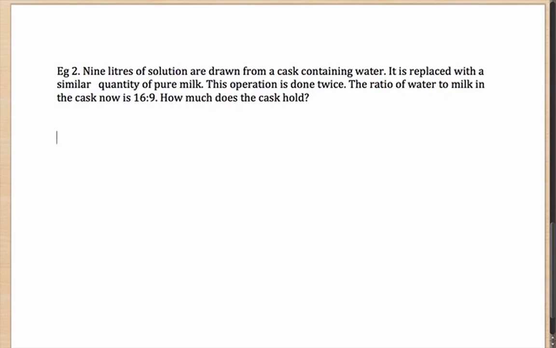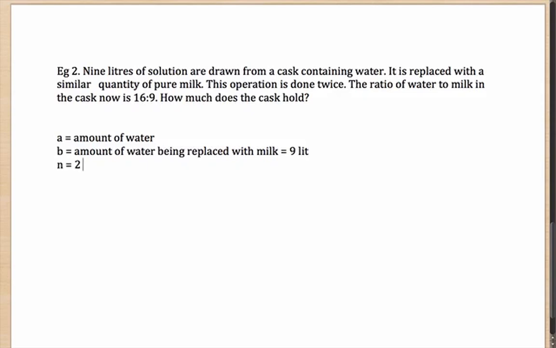So originally I have A as the amount of water, out of which 9 liters is drawn out and is replaced with milk. So my B, the amount of water being replaced with milk, is 9 liters. And how many times is the process happening? The process is happening twice.